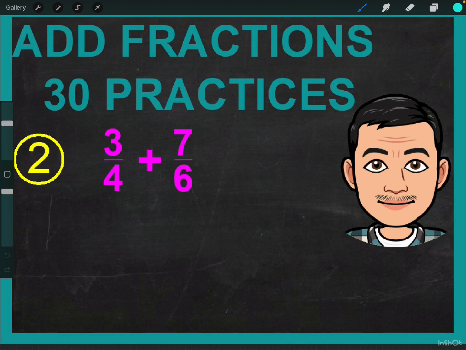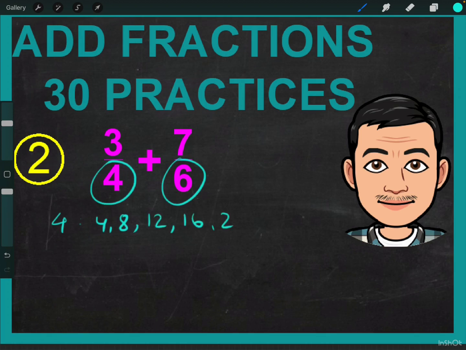This is practice number 2. First, we pay attention to the denominators 4 and 6. We will find out the common multiple of 4 and 6. So for 4, we have 4, 8, 12, 16, 20, 24.